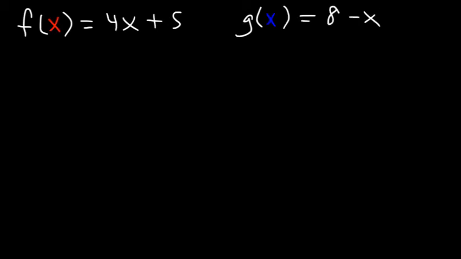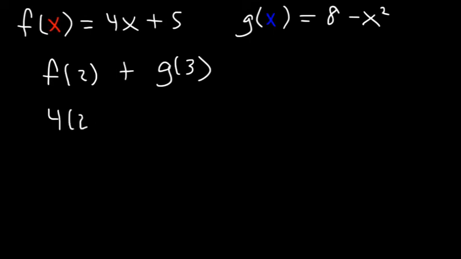So let's say that f of x is equal to 4x plus 5, and g of x, let's say it's equal to 8 minus x squared. What is f of 2 plus g of 3? To find f of 2, we need to replace x with 2 in the equation 4x plus 5.